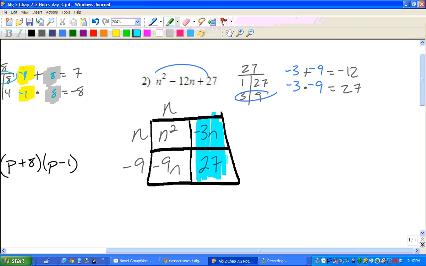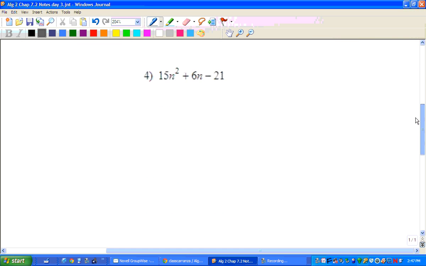And now the GCF of the right. Negative 3. And then you get our binomial, which is n minus 9, n minus 3. Now, if you want to check the answer, you can go back and FOIL it, and you'll get what we started with.